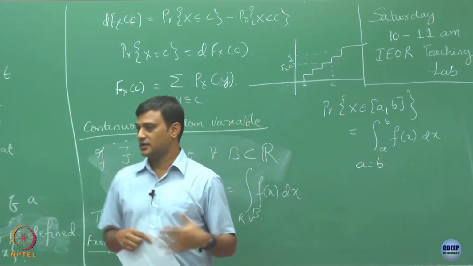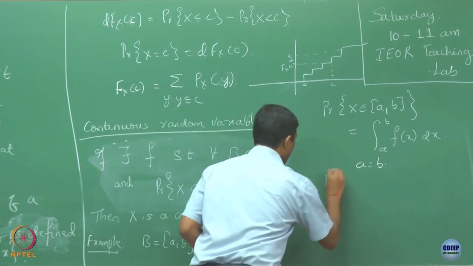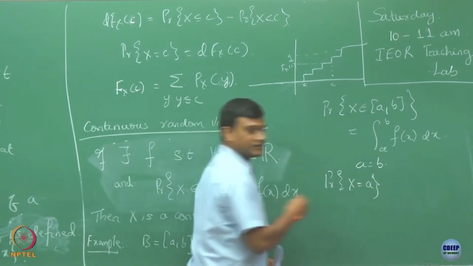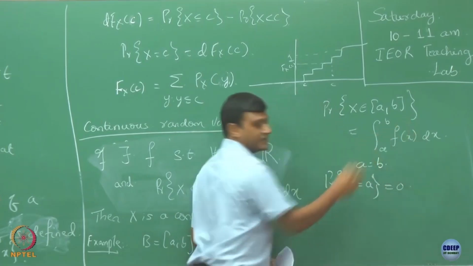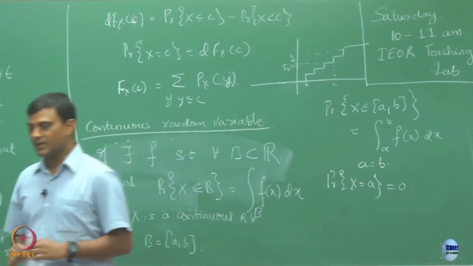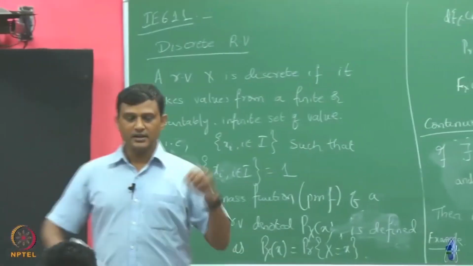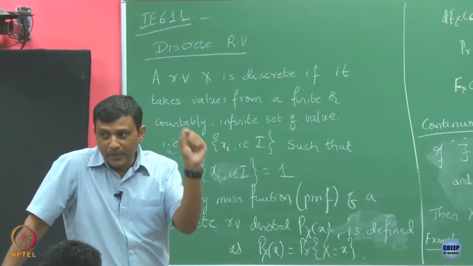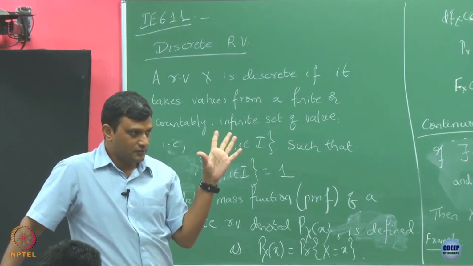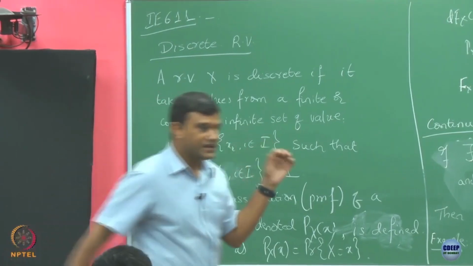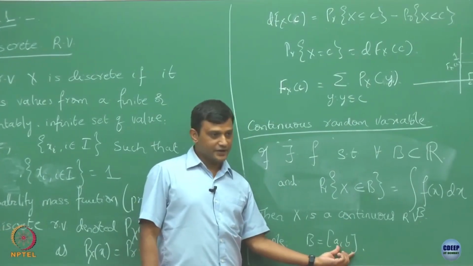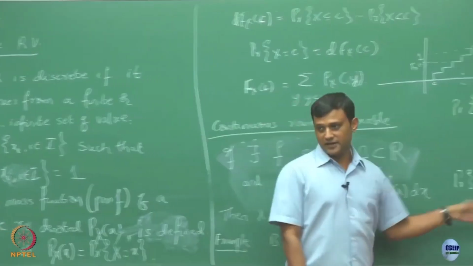Then what we are saying is the probability that x is equal to a is 0, because this integral value is 0. So if x is a continuous random variable, the probability that it takes a particular value is 0. It is possible that it can take a positive probability in an interval, but it taking a particular value is 0.